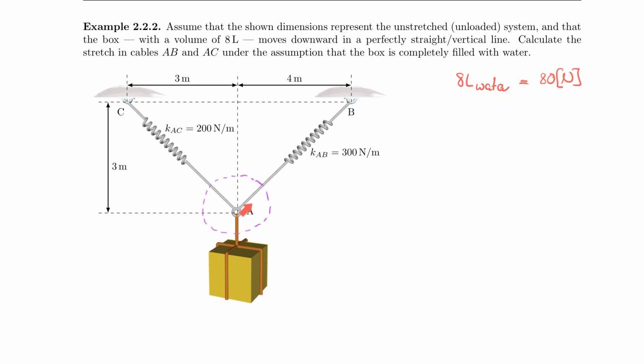Please understand that the only reason I will be able to solve this is because I have only 2 unknowns. And why is that important to understand? Because we have the sum of the forces in x is equal to 0, and we have the sum of the forces in y is equal to 0. And that means I have 2 equilibrium conditions.